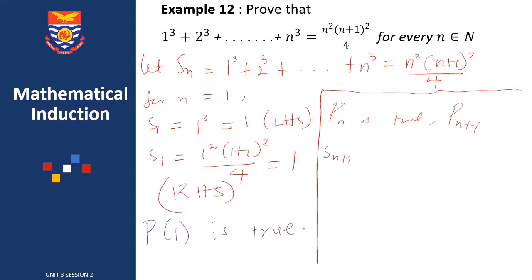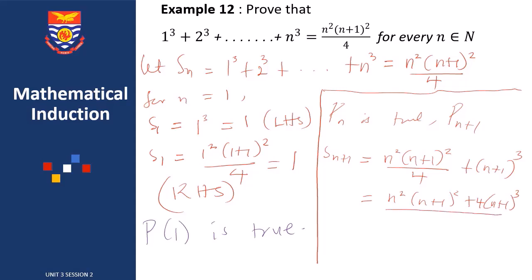S of n plus 1 now equals n squared times n plus 1 all squared, divided by 4, plus n plus 1 cubed. So we proceed. When you simplify, you get n squared times n plus 1 squared plus 4 times n plus 1 cubed, all divided by 4.